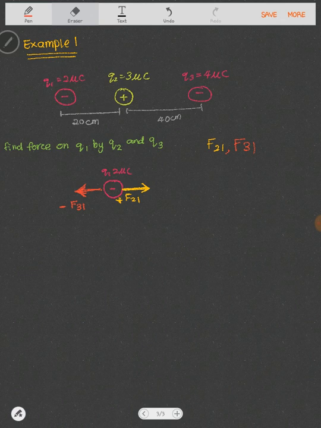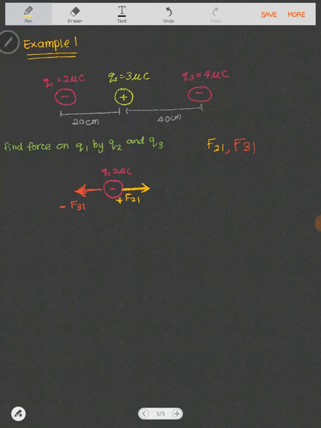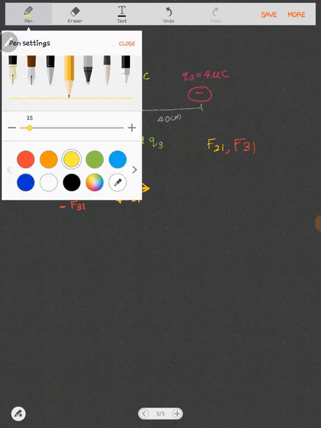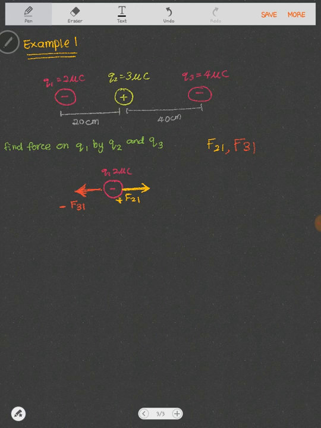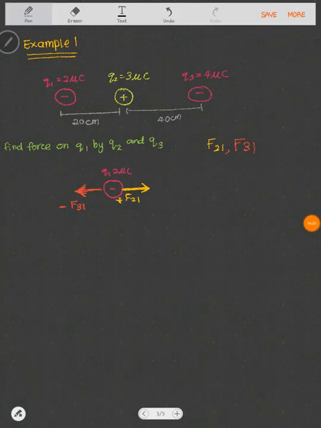Okay. Sekarang ni the next step that we should do is kita kena calculate satu demi satu. F31 berapa force, F21 berapa force. Okay, magnitude dia.